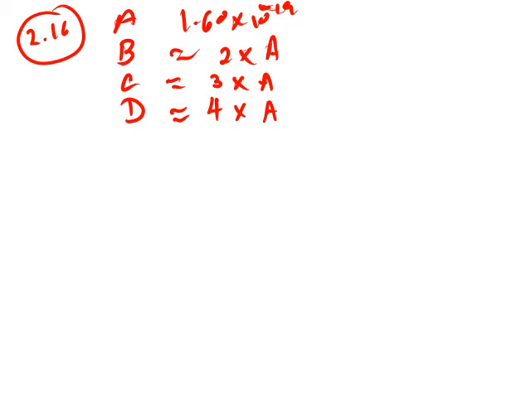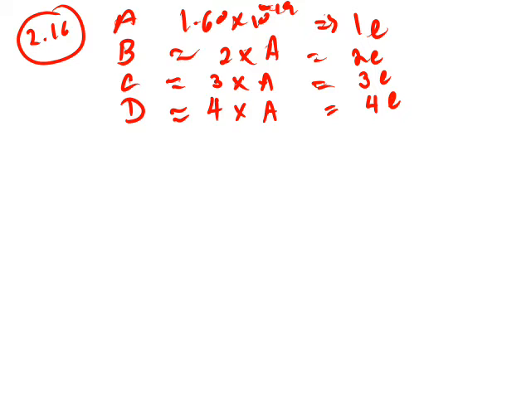This can only be explained if I assume that droplet A had 1 electron sitting on it, oil droplet B had 2 electrons, oil droplet C had 3 electrons, and oil droplet D had 4 electrons. Since these are experimental quantities, they're not exactly 2 times, 3 times, or 4 times larger than A, but they're pretty close.